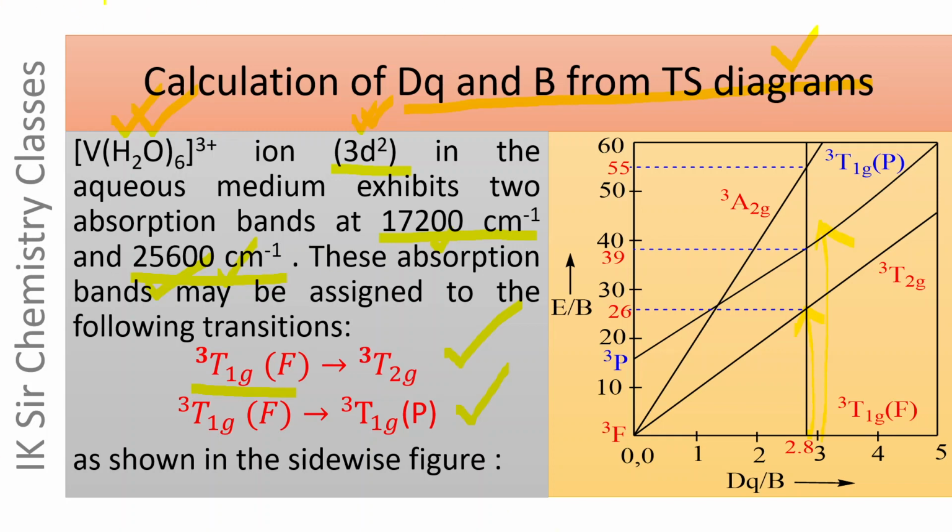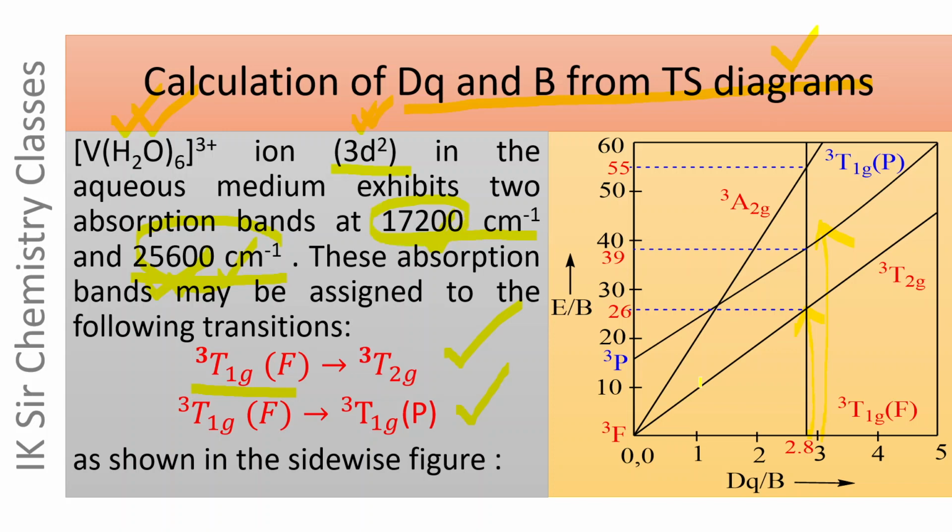The ratio of 25,600 cm inverse and 17,200 cm inverse is 1.5. The ratio of these wave numbers is 1.5.